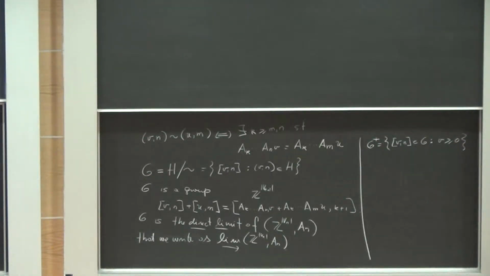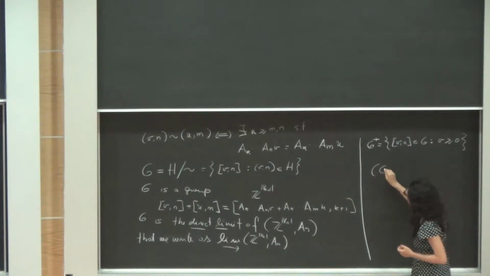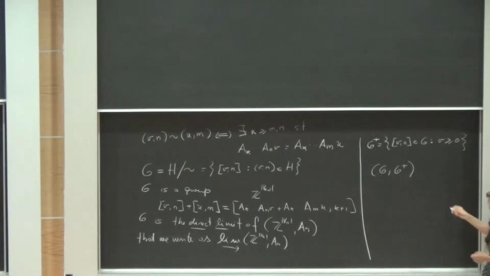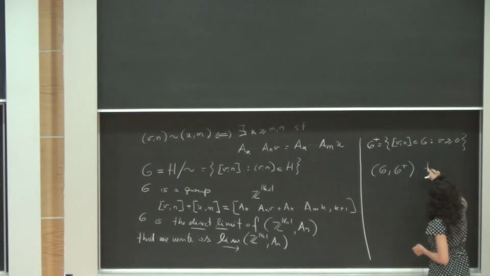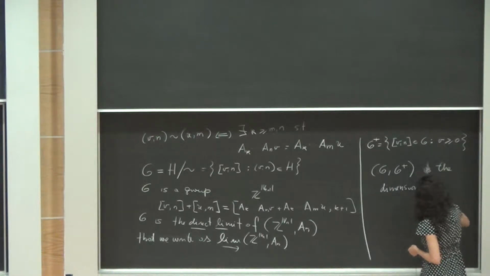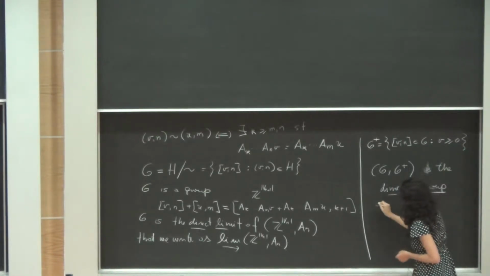This is a subset of G. And if we take the pair (G, G+), we say that this is the dimension group associated to the Bratteli diagram.